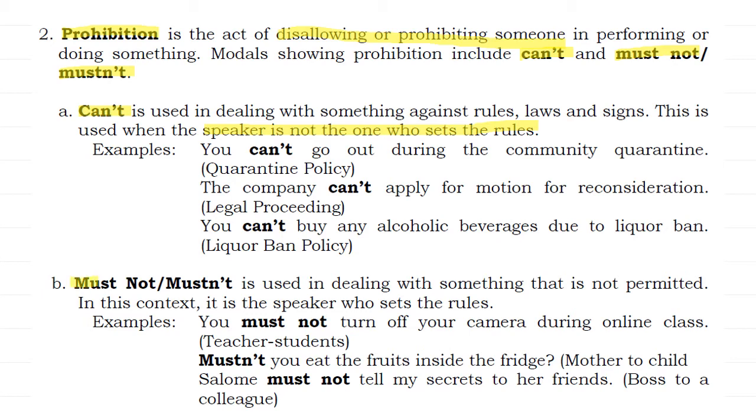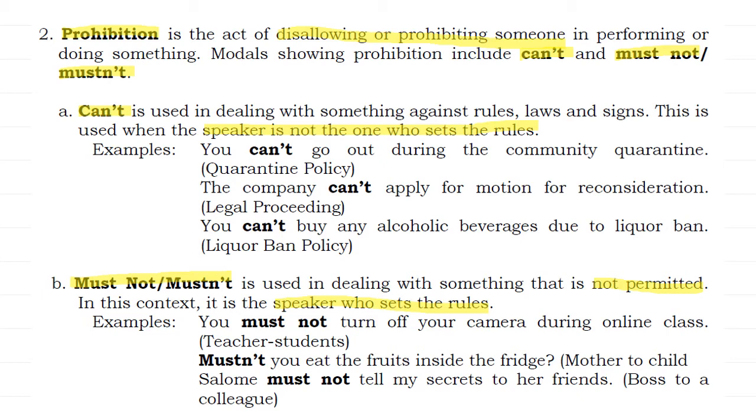Next, must not or mustn't is used in dealing with something that is not permitted. In this context, it is the speaker who sets the rules. Example: You must not turn off your camera during online class.